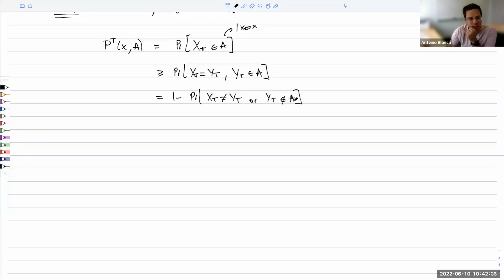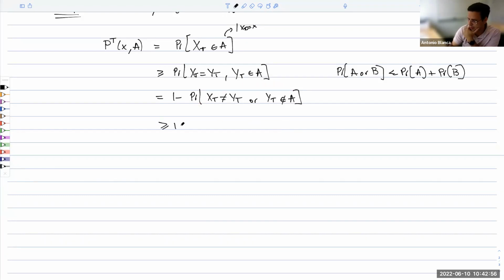Now we're applying a union bound. Are you familiar with that? Remember, the probability of A or B is bounded by the probability of A plus the probability of B. We apply that to this quantity here, which is negated, so you get a lower bound.